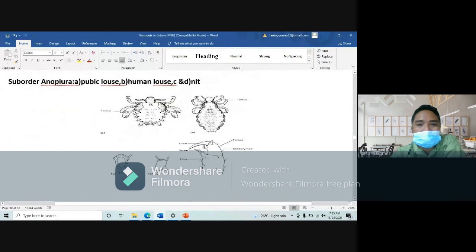Okay, atong kuto ni. This one is a pubic louse, no? Asa makita ang pubic lice? There is a, the private part, no? Private part nato. Kanang kuto sa giingon nila kuto sa burikat daw.